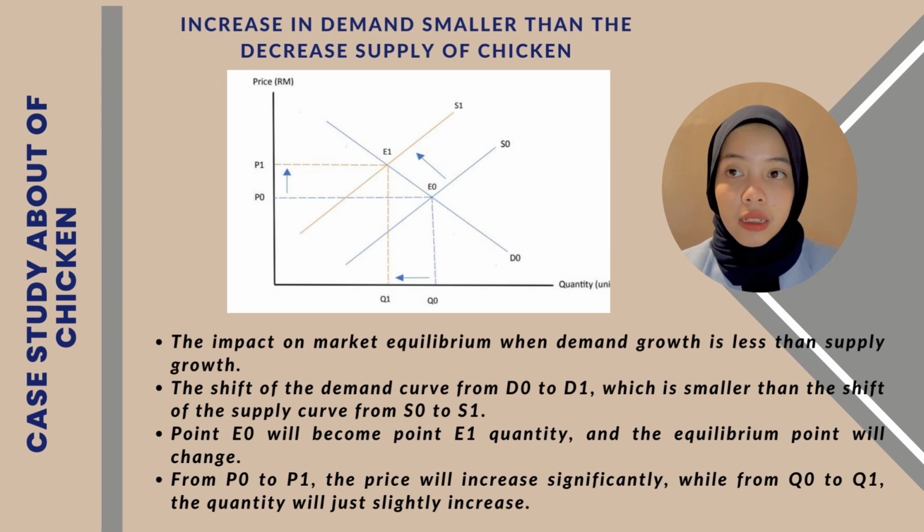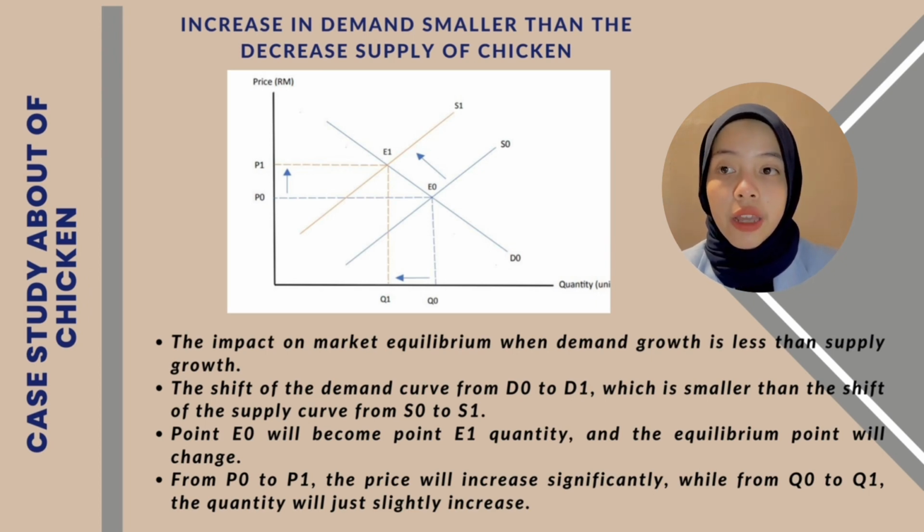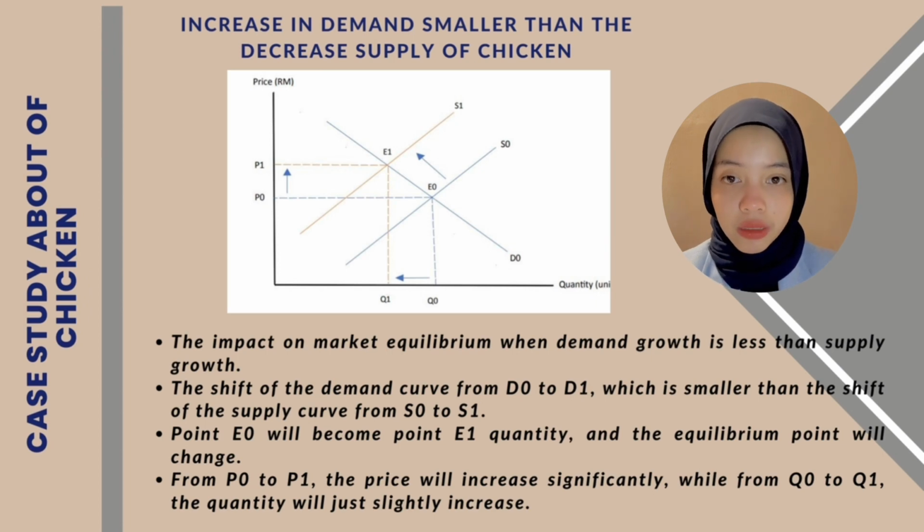For the case study of chicken and eggs, in the first graph we can see that the increase in demand is smaller than the decrease in supply of chickens. The diagram illustrates the impact on market equilibrium when demand growth is less than supply growth. The initial supply and demand curves are D0 and S0 respectively.